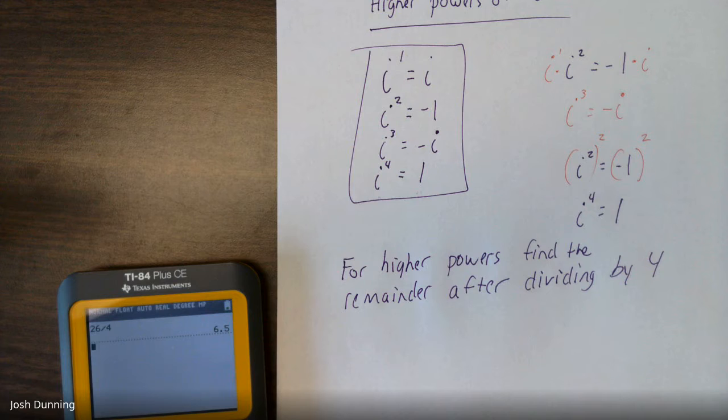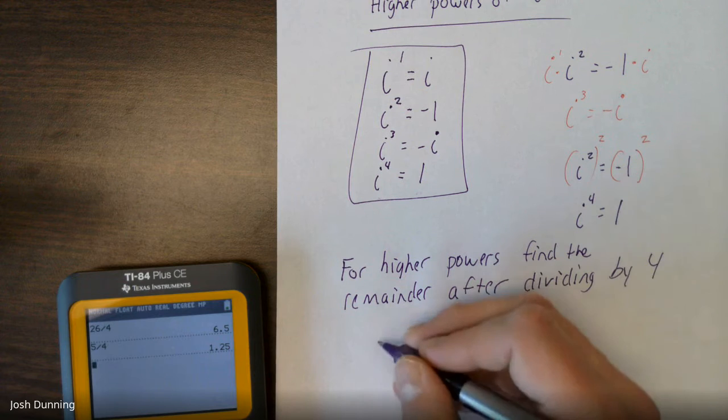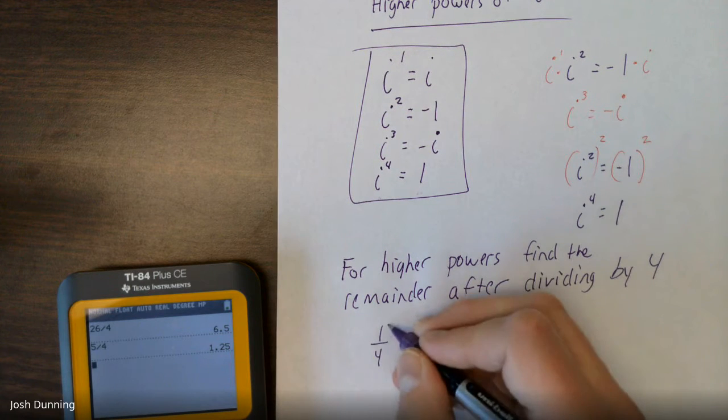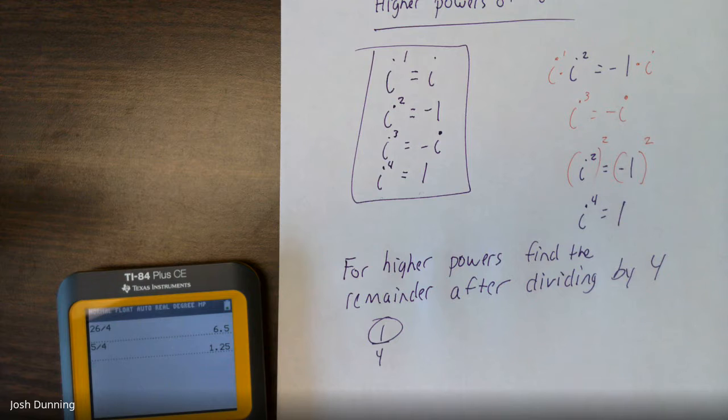Let's go 5 divided by 4. I get 1.25. 25 cents is a quarter. A quarter is 1/4. So that's like a remainder of 1.